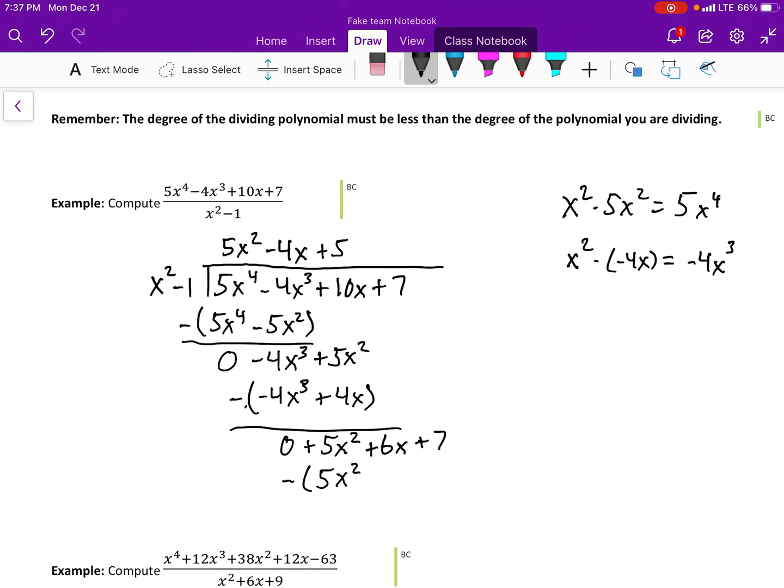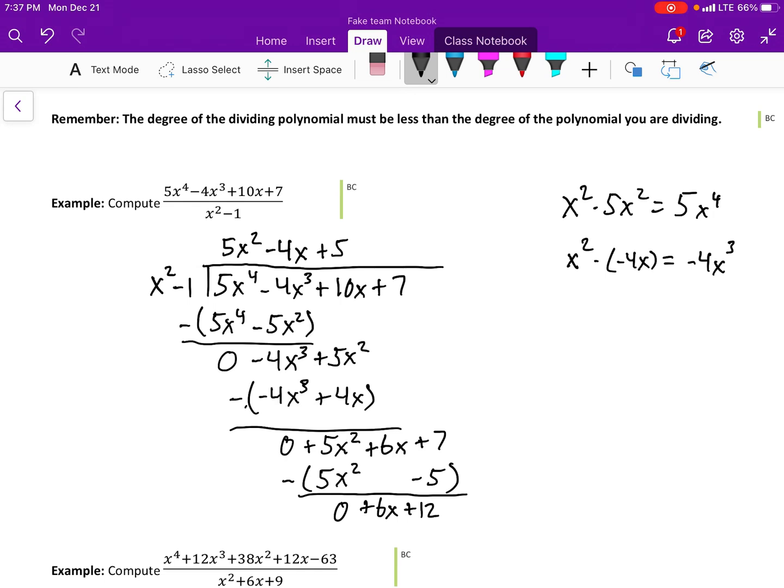And when we multiply 5 times negative 1, we get minus 5. So again, 5x squared minus 5x squared is 0. There's nothing to combine the 6x with, so it comes down. And then 7 minus negative 5, again, minus a negative is like adding a positive. So 7 plus 5 gives us 12.